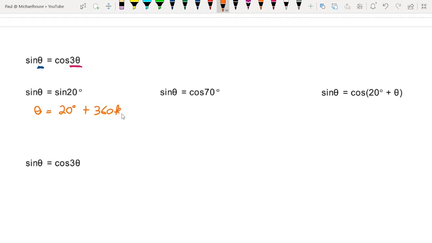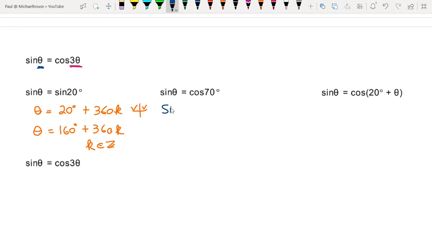But another possibility, thinking of our all sine tan cos diagram, is that theta could be 180 minus 20, in other words, 160 plus 360k. And that's the general solution to sine theta equals sine 20, with k an integer.